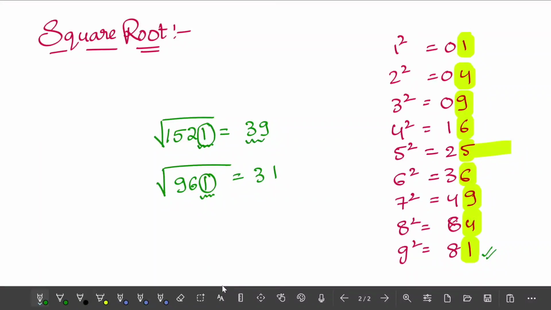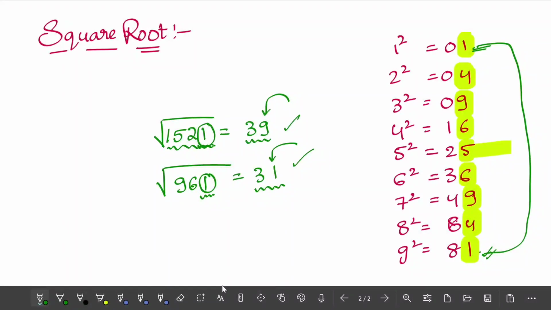Here the answer has unit digit 9 and here the answer has unit digit 1. So there are only two possibilities. If you ever see the unit digit of the number under the square root as 1, then there are only two possibilities, which are 9 and 1.